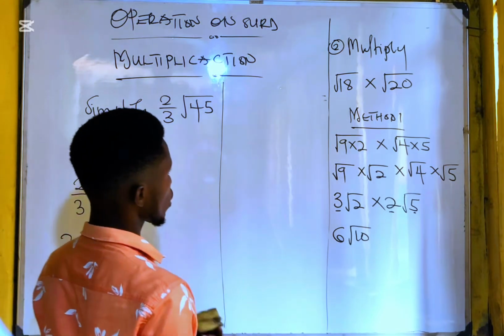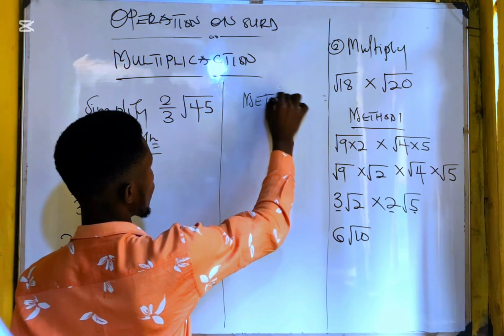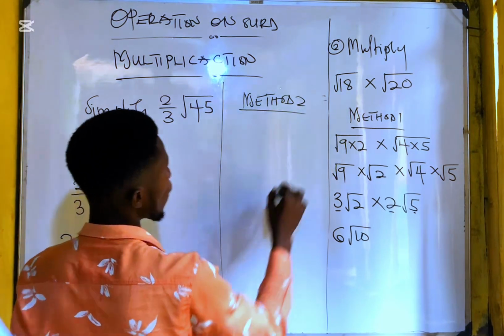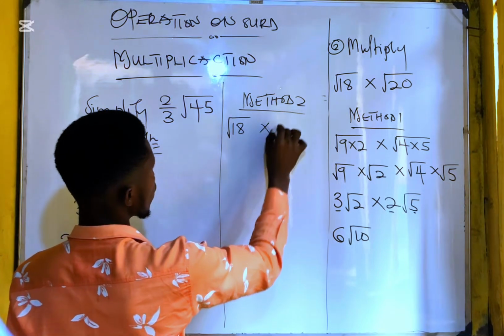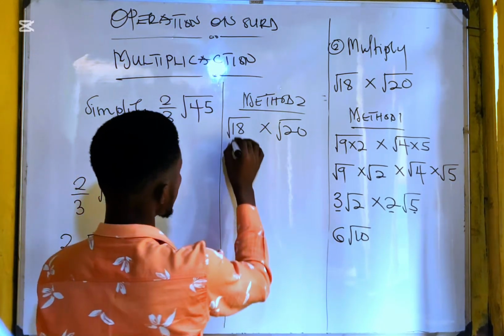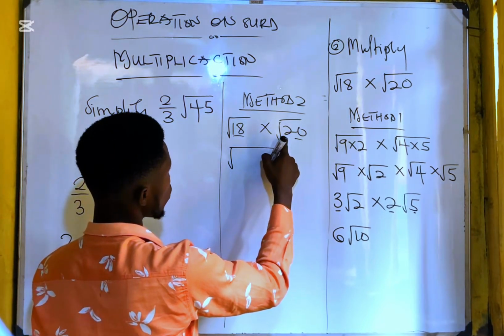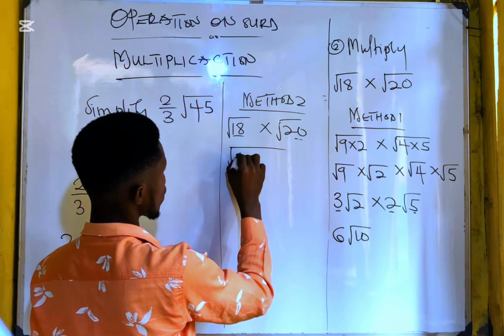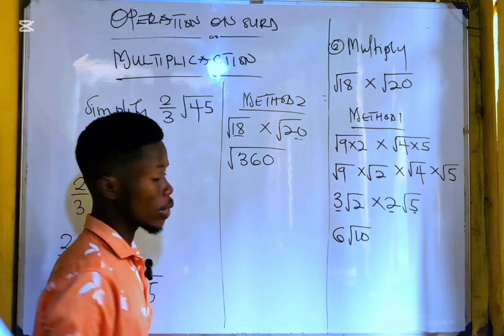You can also use this method. We have root 18 times root 20. So straight away, I'll multiply this by this, okay? If I multiply this by this, even forget about the 0. 2 times 18 is 36. Then add the 0, that's 360.